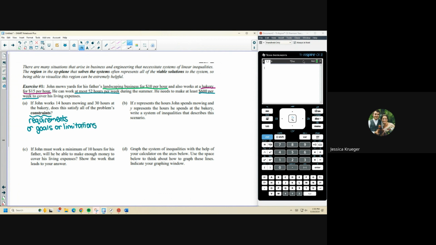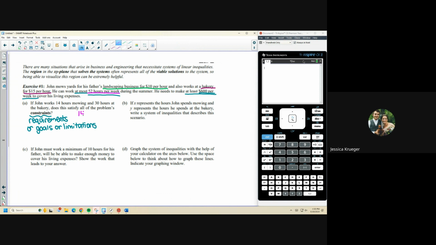So his goals and limitations: he can work at most 52 hours per week, and he needs to make at least $600. So the first thing I want to check is, if he works 14 hours and 30 hours, is that within his 52-hour per week limit?